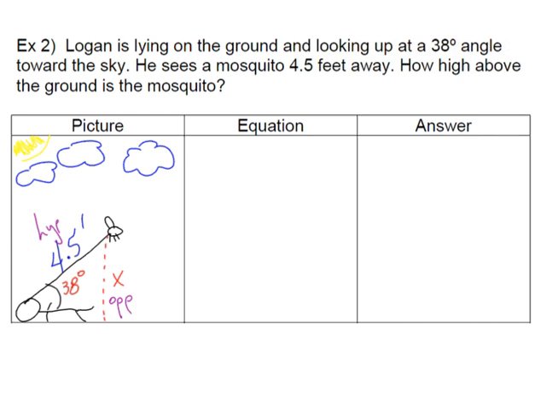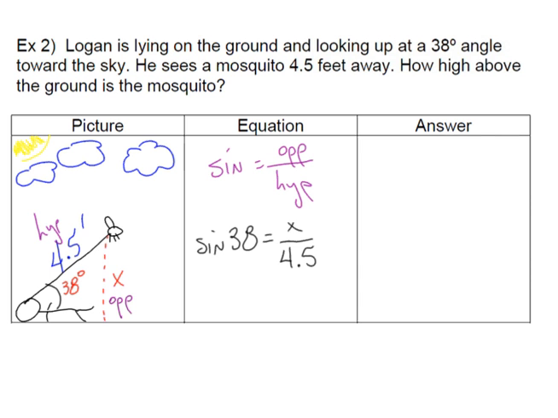If I have the opposite and hypotenuse, I'm going to be using my sine, because sine is equal to the opposite over the hypotenuse. So therefore, this one is going to be the sine of 38 is equal to the opposite, that's my x, over 4.5.